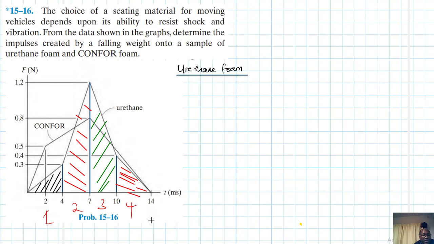So we'll say impulse is the summation of the force times the time, and mind you, the time is in milliseconds, so we'll need to multiply by 10 to the power negative 3. This becomes area 1 plus area 2 plus area 3 plus area 4.